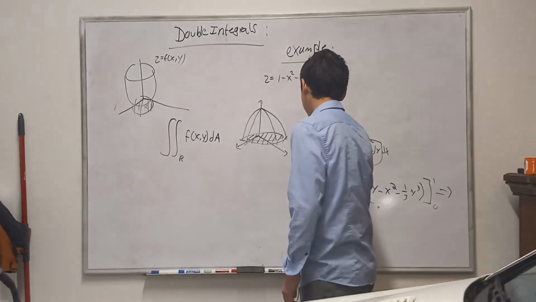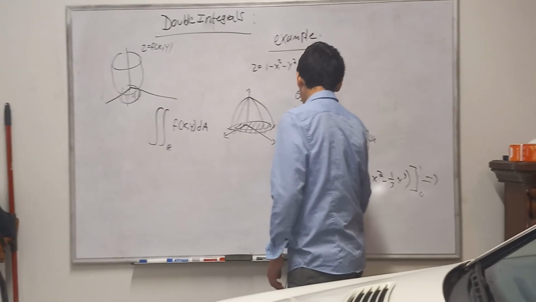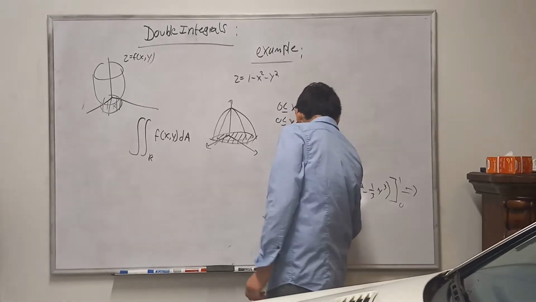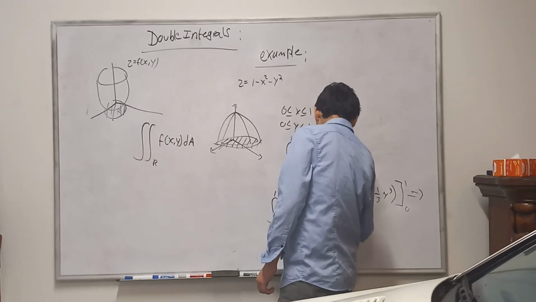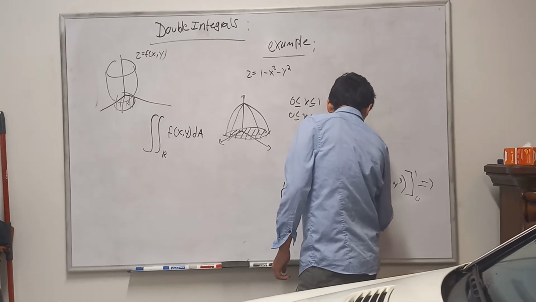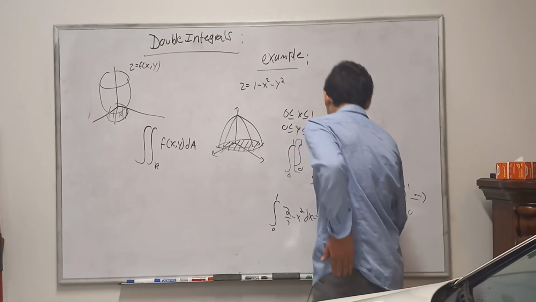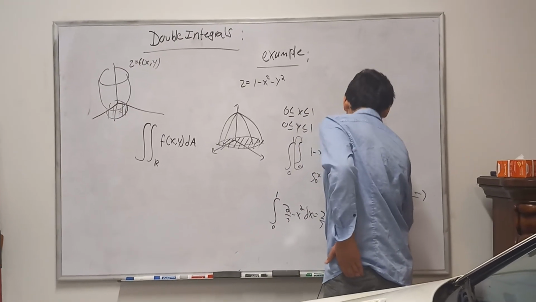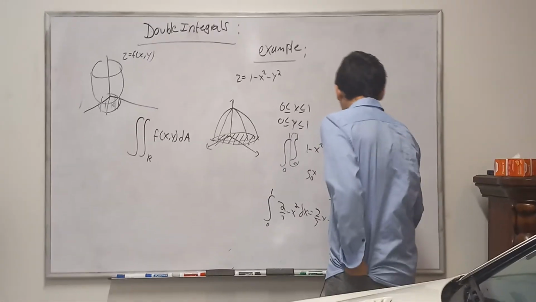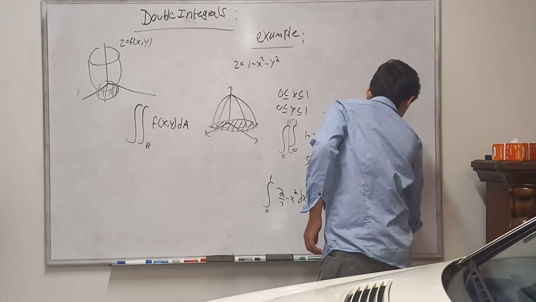Now we take the integral one more time with respect to x, and that will be 2/3 x minus 1/3 x cubed. Now we plug that in. We get 2/3 minus 1/3, resulting in 1/3 as our final answer.